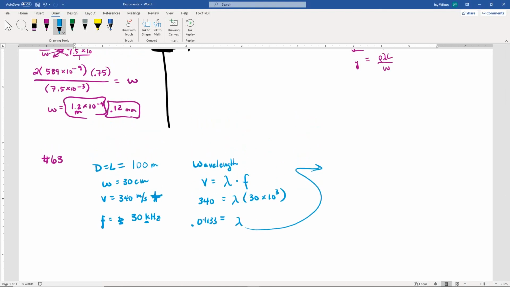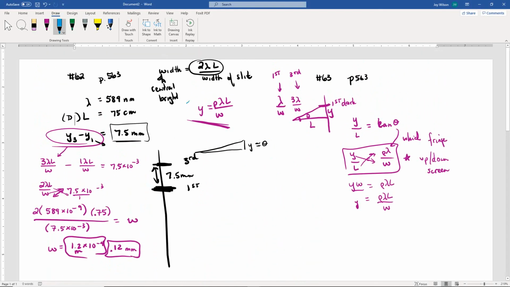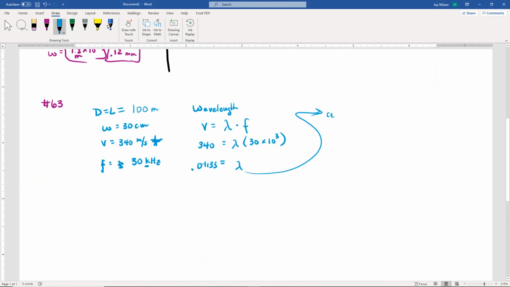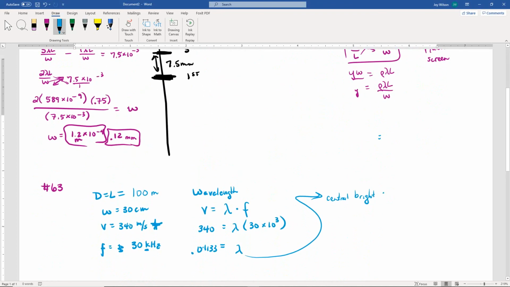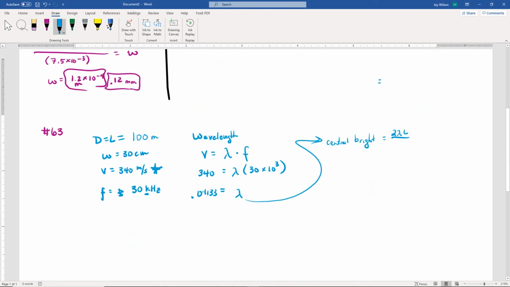We go back up here, and we want to find the width of the central bright. Copying the formula from above, 2 lambda L over slit width. So this equals 2 times 0.01133 repeating, distance is 100 meters, and the slit width is 0.30 meters, because this is in meters and this is in meters.